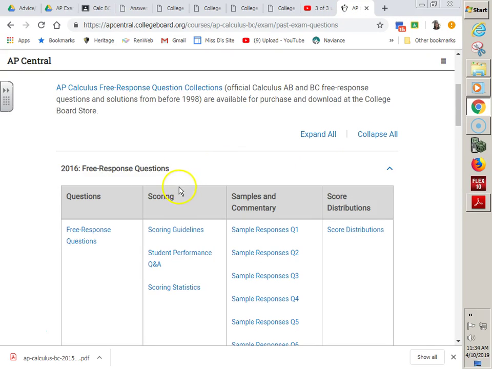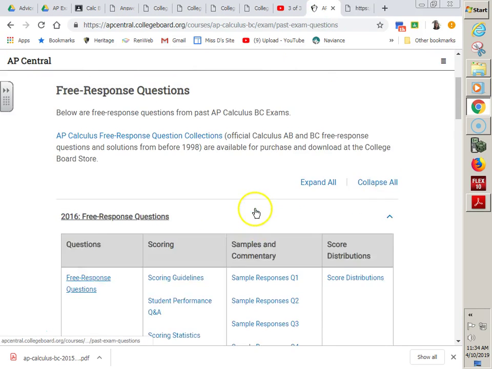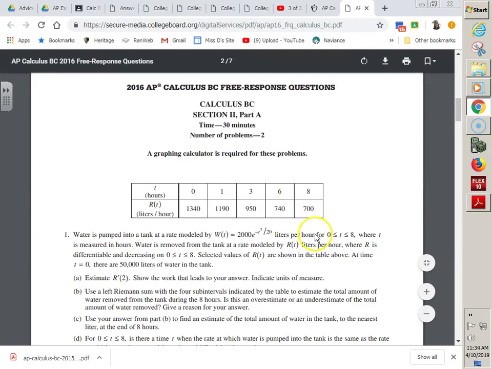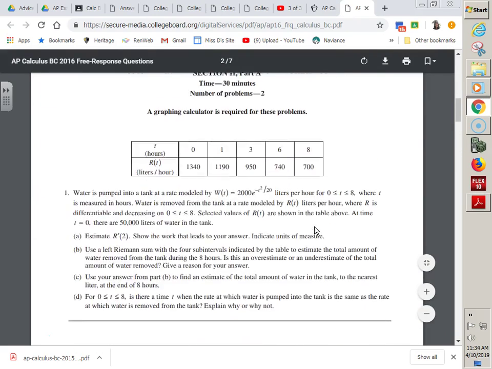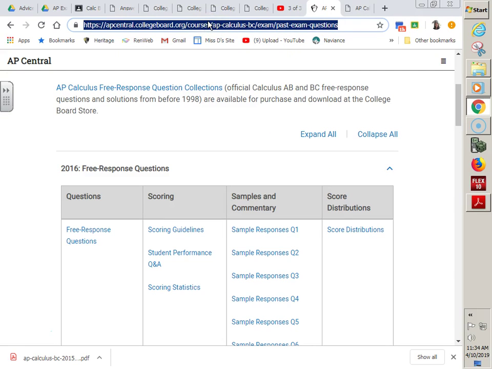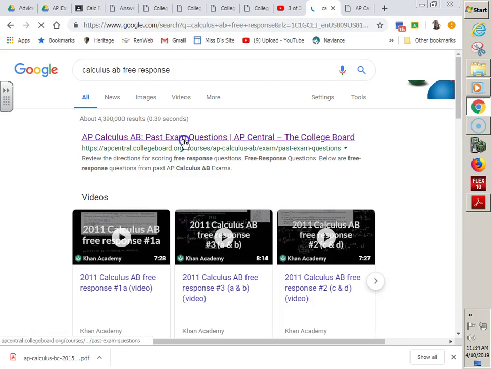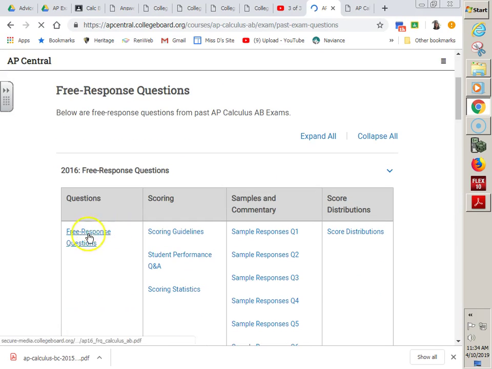But Maggie, you were asking about the shared FRQs. So if I'm looking at, for instance, the 2016, I think it's for Calc BC. Let me double check real fast. Let's see which ones were shared. Yeah, it should be the same.